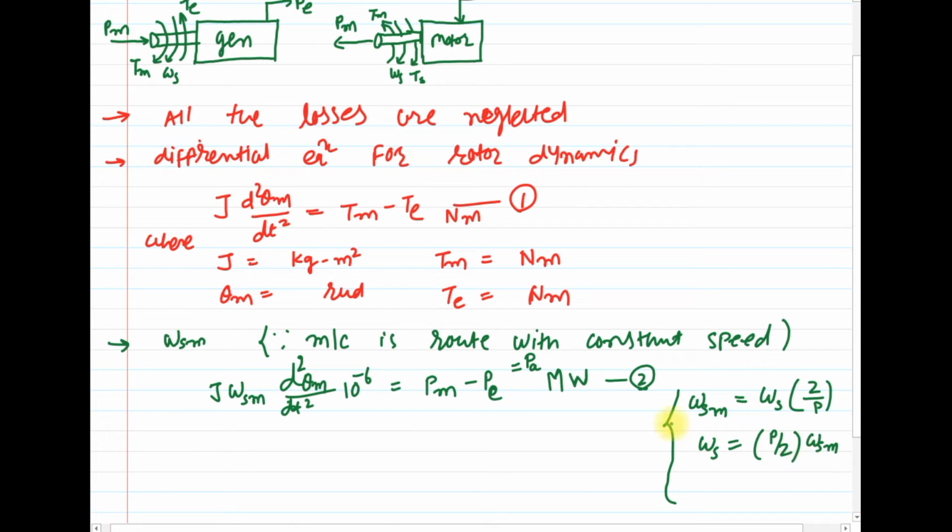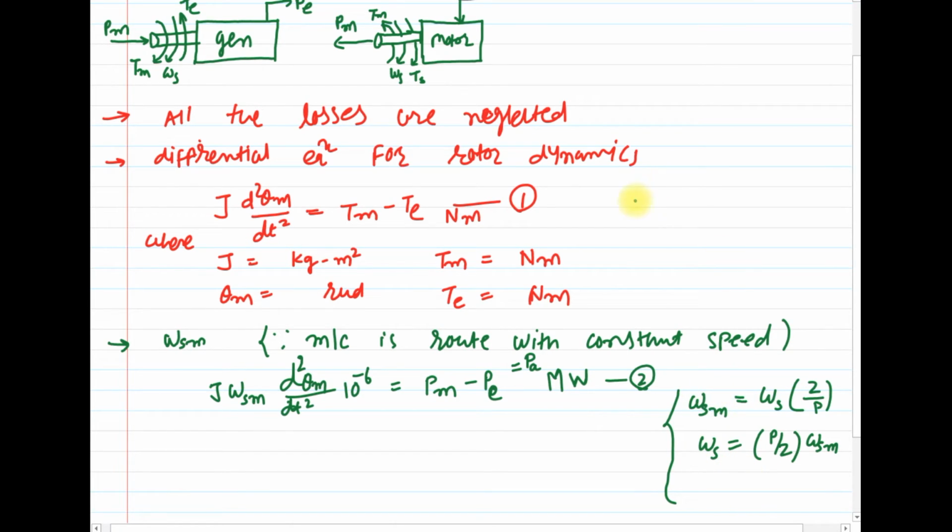Clear? With this formula we convert the mechanical angle into the electrical angle.